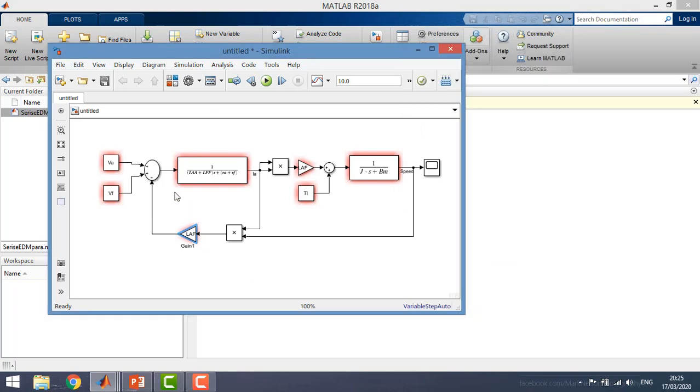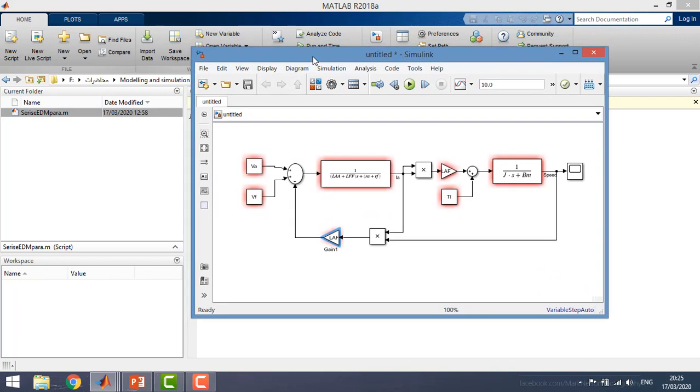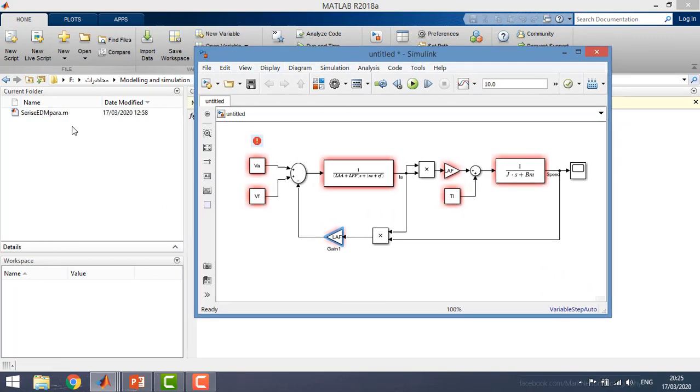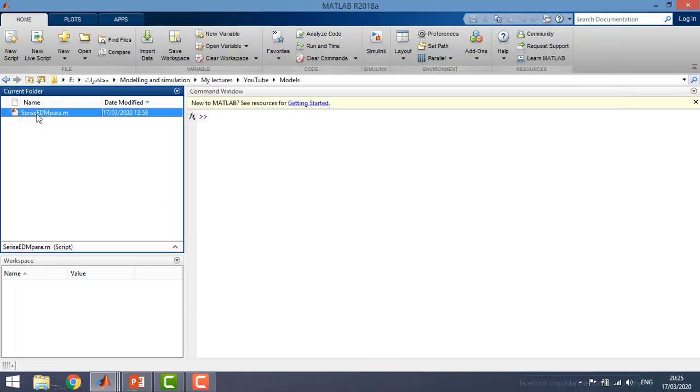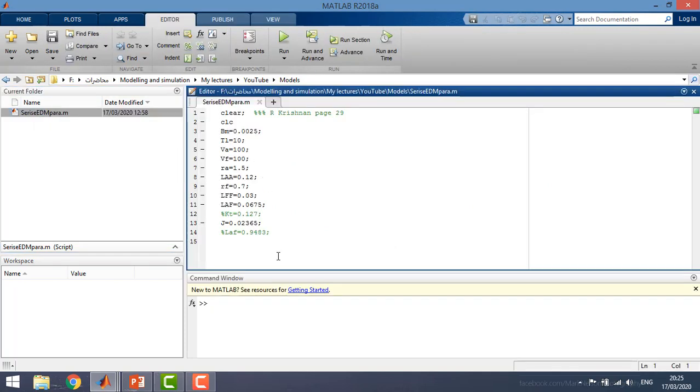I've already saved the machine parameters in an M file, and simply run that M file in order to have those parameters shown in the workspace. Okay, so let's go back.